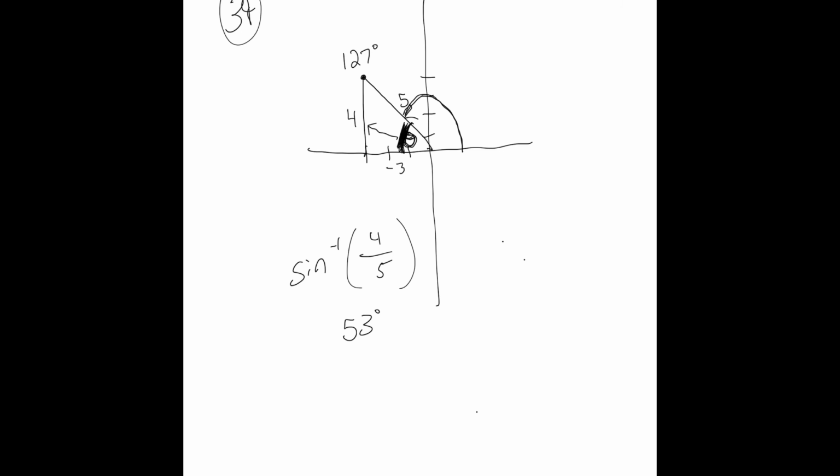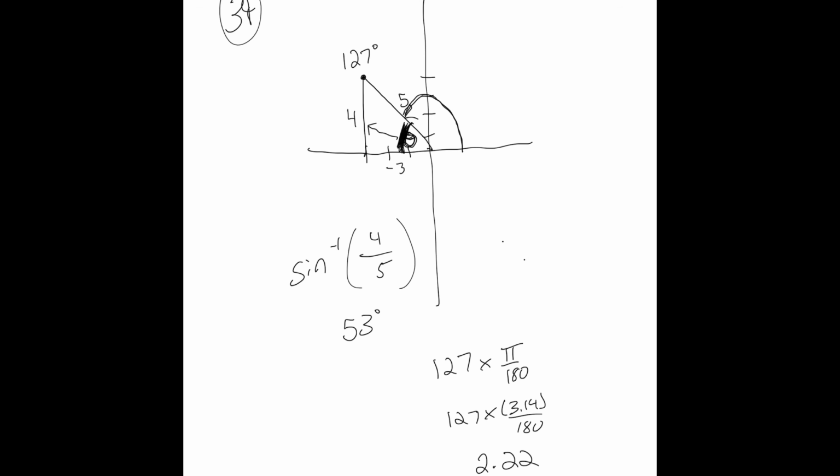So we need to change that to a radian. So 127 times pi over 180. Well, that's 127 times 3.14 over 180. So my radian is 127 times 3.14 divided by 180, 2.22.